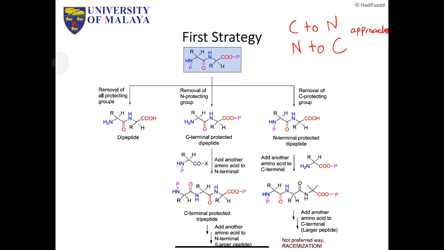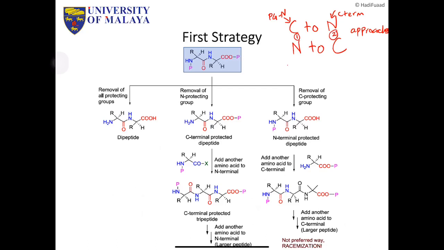What I mean by C to N is that you protect the N. Okay, for the first one you protect the N terminal, and then for this one you protect the C terminal, and then you react it together. Okay, so one will be molecule 1, and molecule 2 the other way.